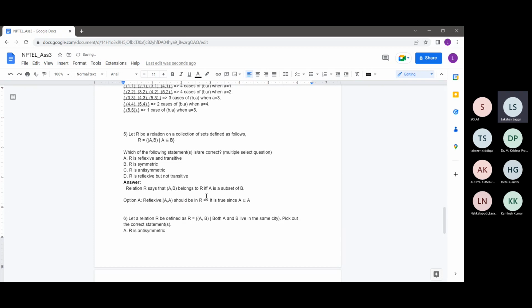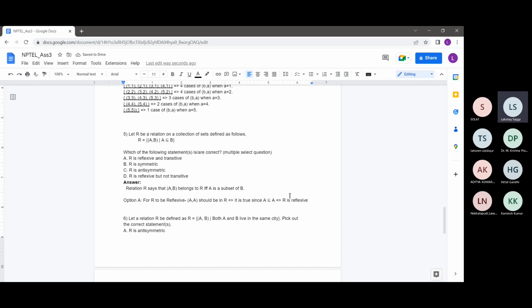Again, I'm going a bit back and forth, but I guess this sometimes happens. So for R to be reflexive, the pair A comma A should be in the relation R, and this is true since A is a subset of A. So this means that R is reflexive.